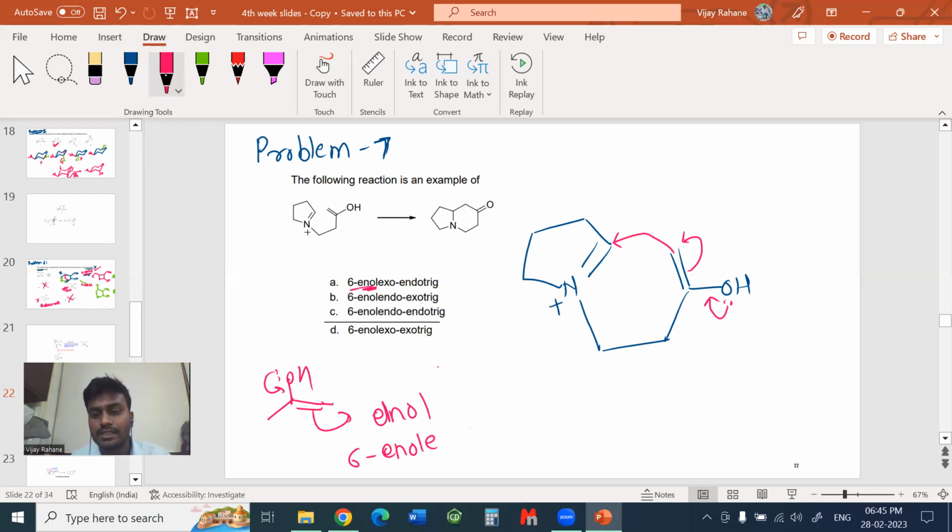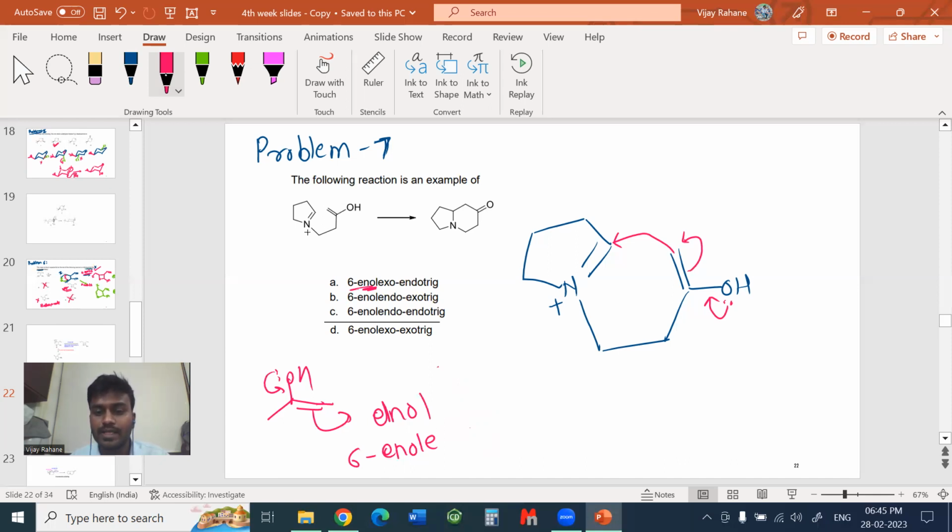Since it attacks on the ring and is a part of the ring, the double bond opens inside the ring. If the bond opened outside the ring, meaning it's not part of this, it would be exo.